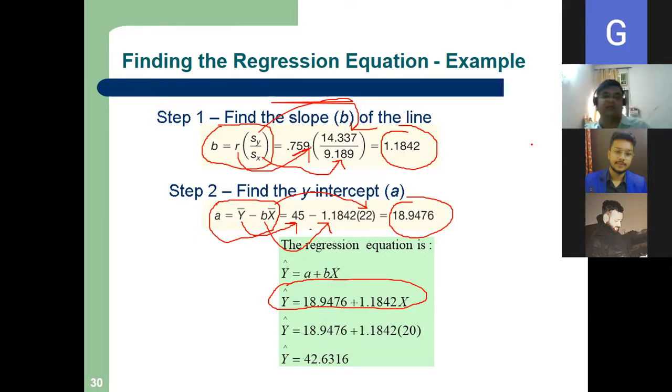We have calculated regression and correlation. This is our final regression equation, so all of you please write it down.